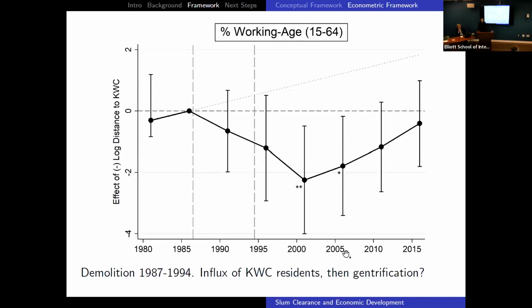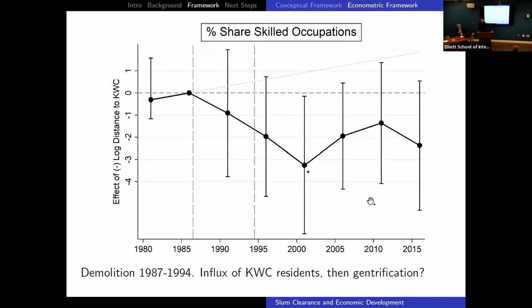For working age population, we saw after 2000 a rise in the working population. For population with skilled occupations, we saw a rise over time as well, after 2000. All of these outcomes show that over a long time, we saw gentrification in the neighboring areas.